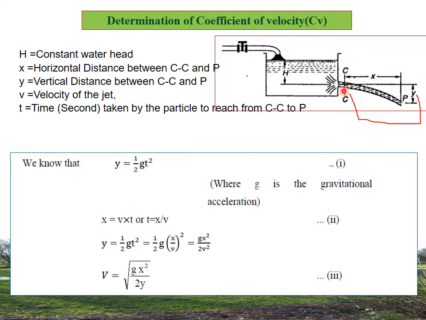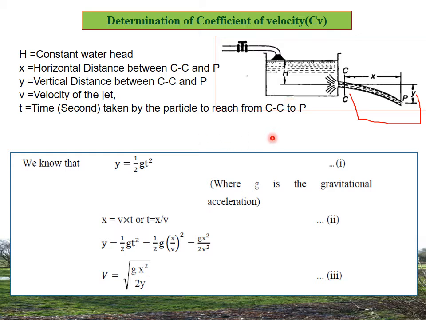This is the point. The jet does not follow a straight path; until the measuring tank, it follows a trajectory path.